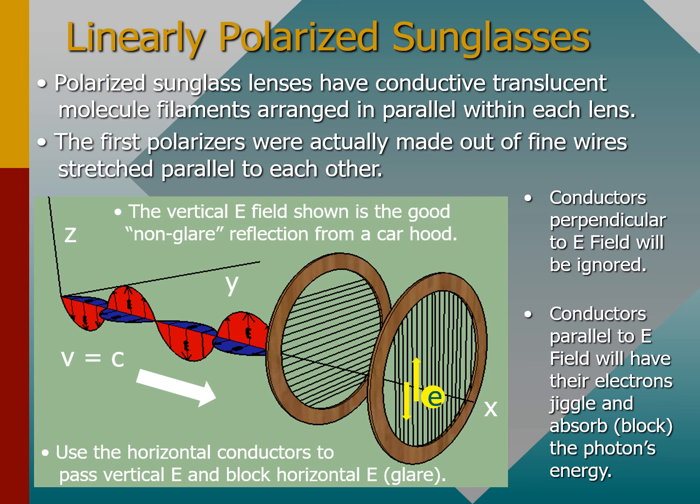From the first two bullet points, we see that polarizers are just grids of conductive antennas made from molecules or wires. Note that blocking occurs because photon electrons are absorbed by electron E-field interaction. So for the polarizer to block the horizontal glare E-field, the antenna must be parallel or horizontal with the car hood.